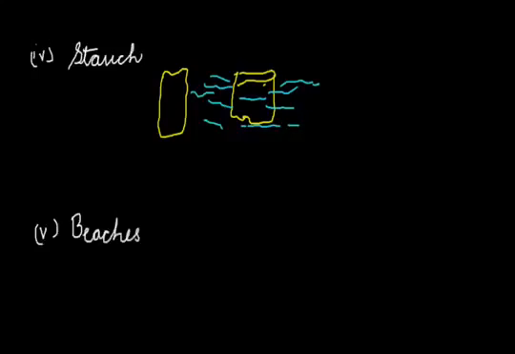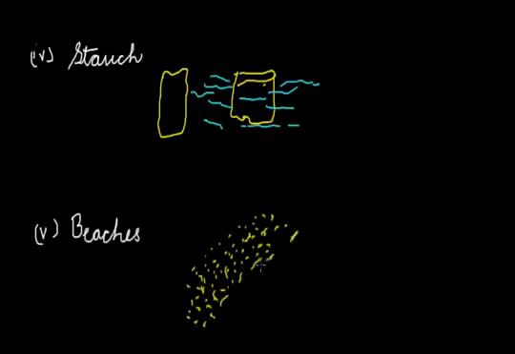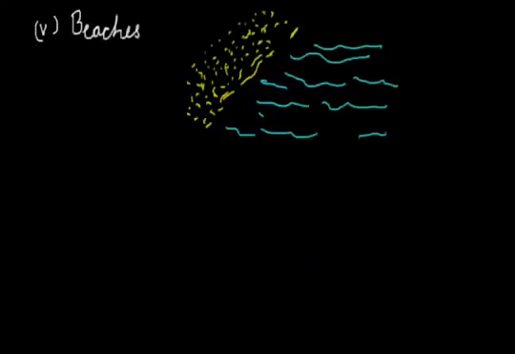These sediments are basically sand particles or coarse grains of soil. So this area where the sediments are deposited by the sea waves on the banks is known as a beach.